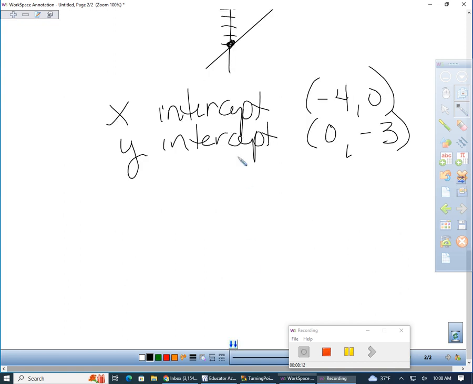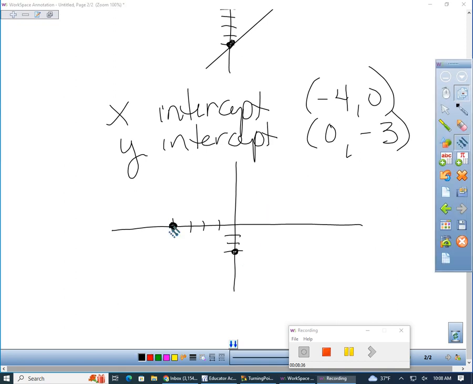The first thing you're going to do on the worksheet is draw a coordinate plane. Where will I find the point negative 4, 0? Go back 4 on the x-axis. Good. 1, 2, 3, 4. Put a dot. Where will I find the y-intercept, 0, negative 3? Good. Down 3. 1, 2, 3. Put a dot. Now we connect the dots.